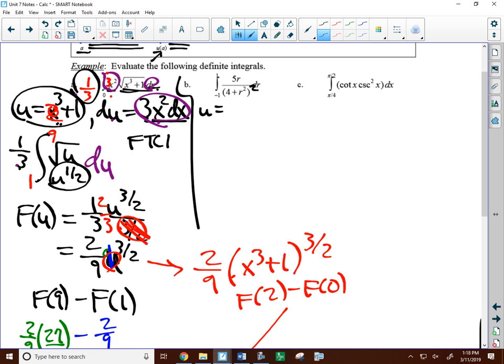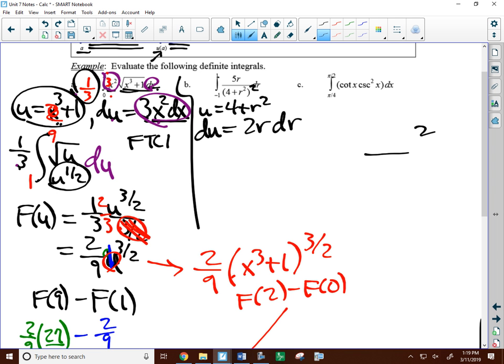So help me out. What do you think u should be? 4 plus r squared. The inside of the composition, yeah. Because the composition was something squared, and then the inside was the 4 plus r squared. Very nice. Now, du, the derivative, so it would be 2r dr, the variable is r this time.